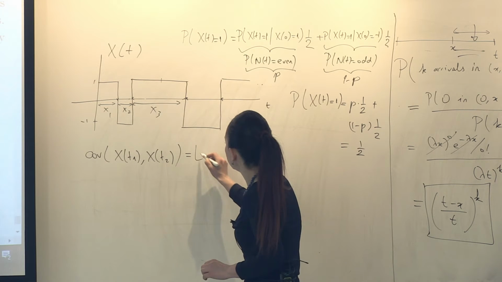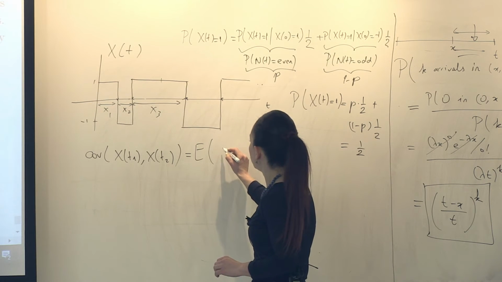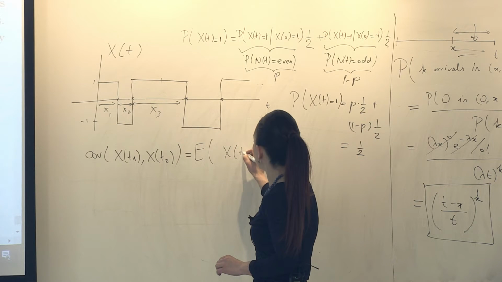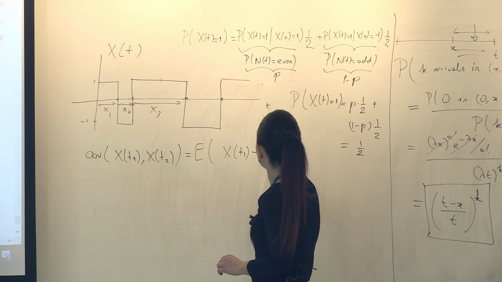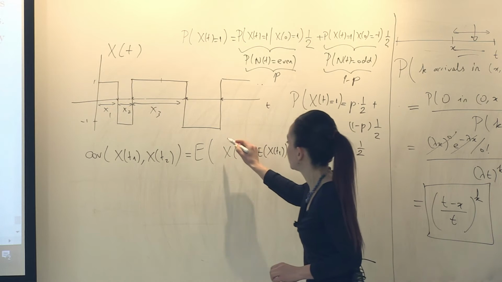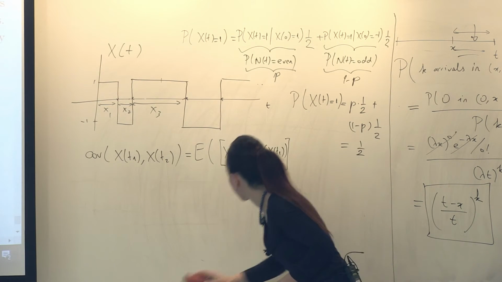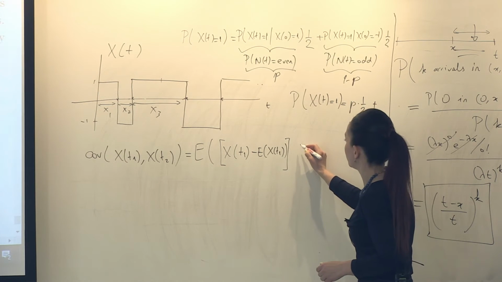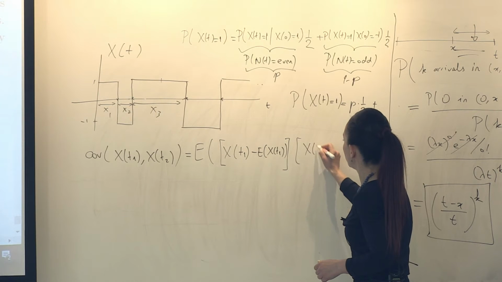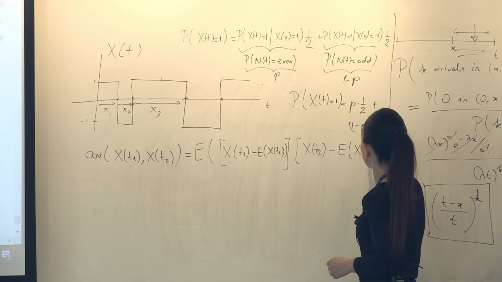This is the expectation of x of t1 minus expectation of x of t1, right? Multiplied by x of t2 minus expectation of x of t2.